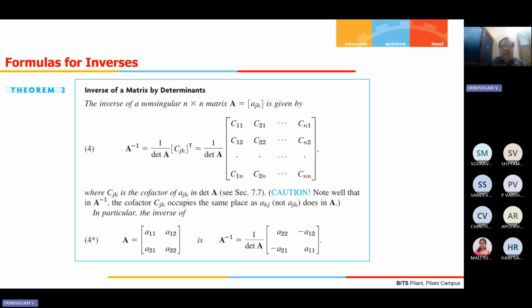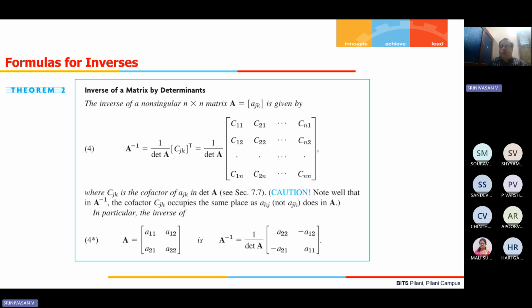So what is this: C11, C21, and so on up to Cn1, then C12, C22, and so on? The first column has the first-column entries of each row, and so on. Originally you would have C11, C12, up to C1n in the first row, isn't it?